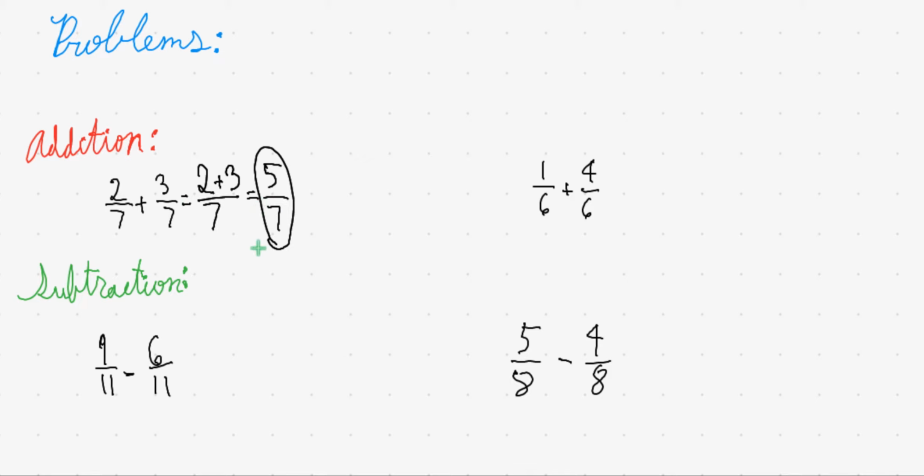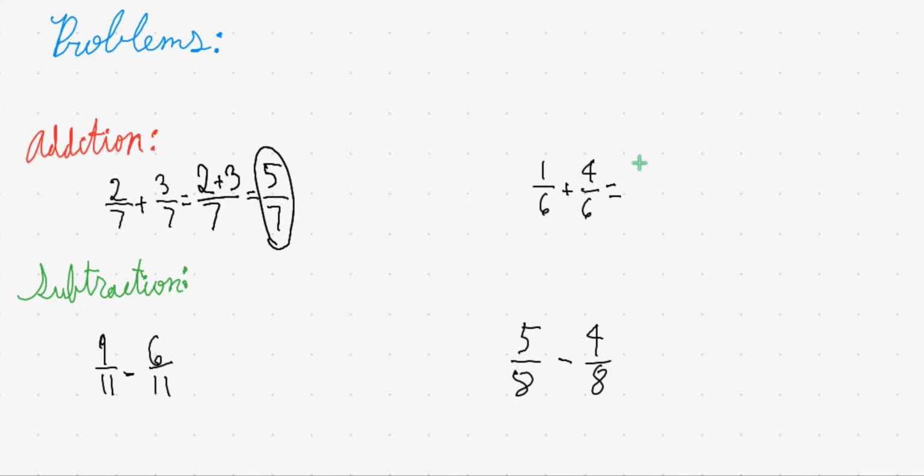The next example is going to be for addition also, and it's going to be a different example. We have 1/6 plus 4/6. It's not the same, but the process is the same.